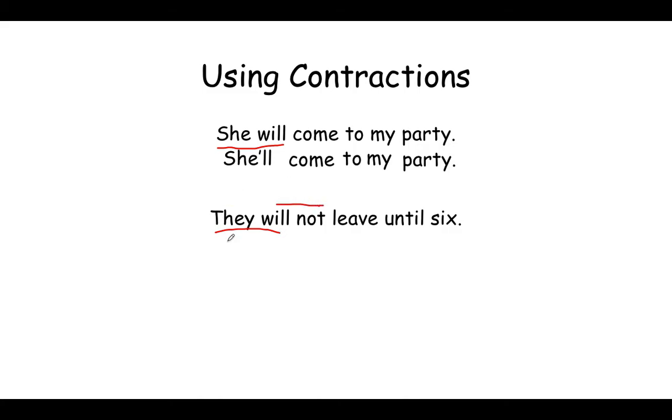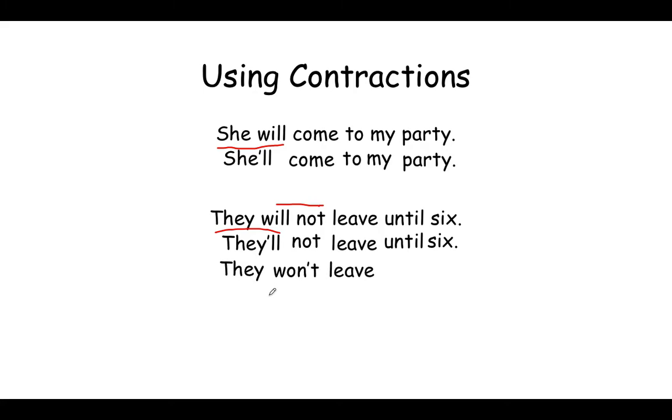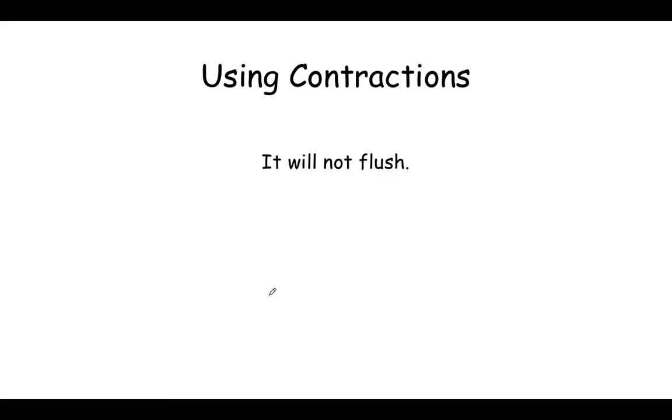Now you have to pick one or the other. You can't put they and will together and will and not together. So you could say they'll not leave until 6, or you can say they won't leave until 6. So that's how you would use contractions.